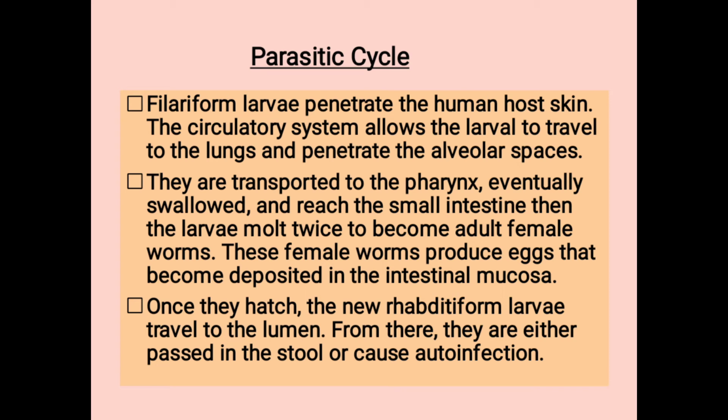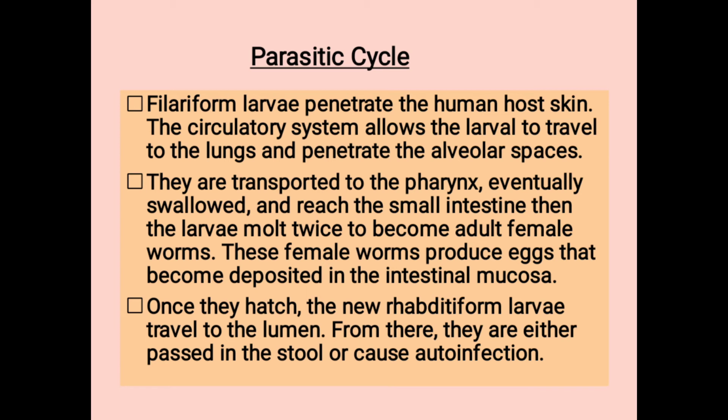Then the larvae molt twice to become adult female worms. These female worms produce eggs that become deposited in the intestinal mucosa. Once they hatch, the new rhabditiform larvae travel to the lumen. From there, they either pass in the stool or cause autoinfection.